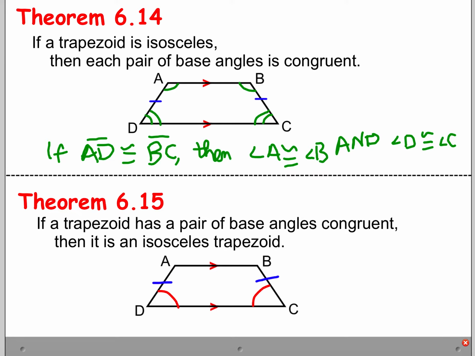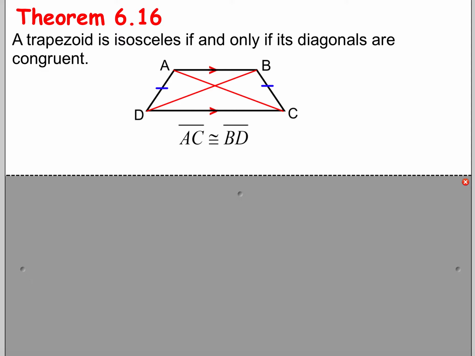All right, and let's keep going. Couple more rules about trapezoids here. A trapezoid is isosceles if and only if its diagonals are congruent. So in an isosceles trapezoid, remember, these diagonals don't have to be drawn for them to be here. I think this is something that was confusing a lot of you. Diagonals exist whether or not they're drawn, right?